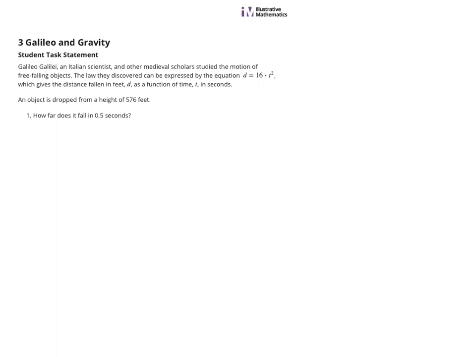So when I first started learning all this stuff, I would always draw a building first. In fact, I would get fancy and I would draw a person on the building throwing something off of it. So we are dropped from a height of 576 feet. And then we know our function is modeled, d equals 16 times t squared.